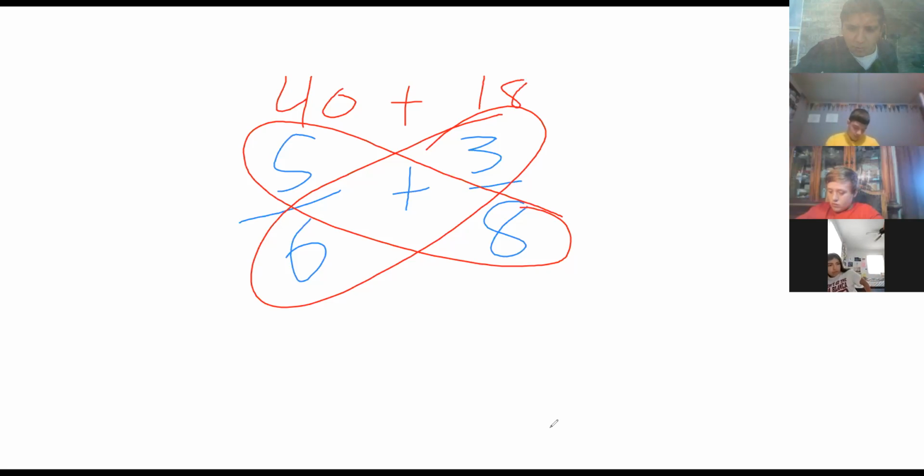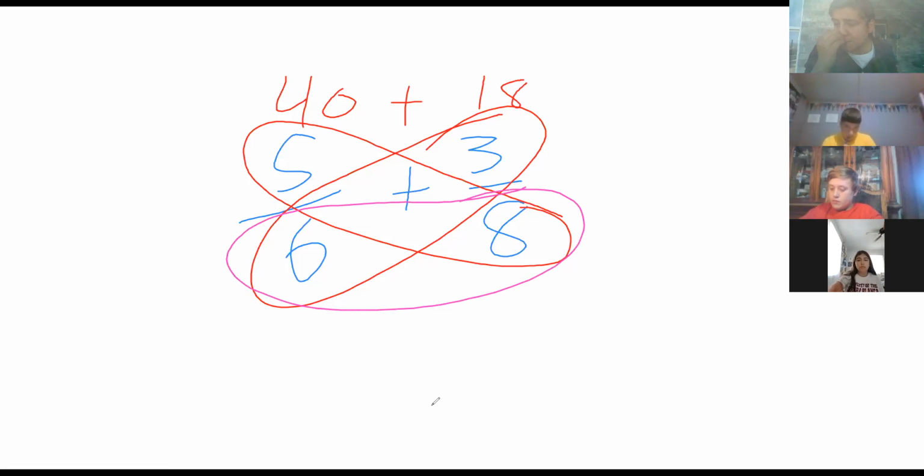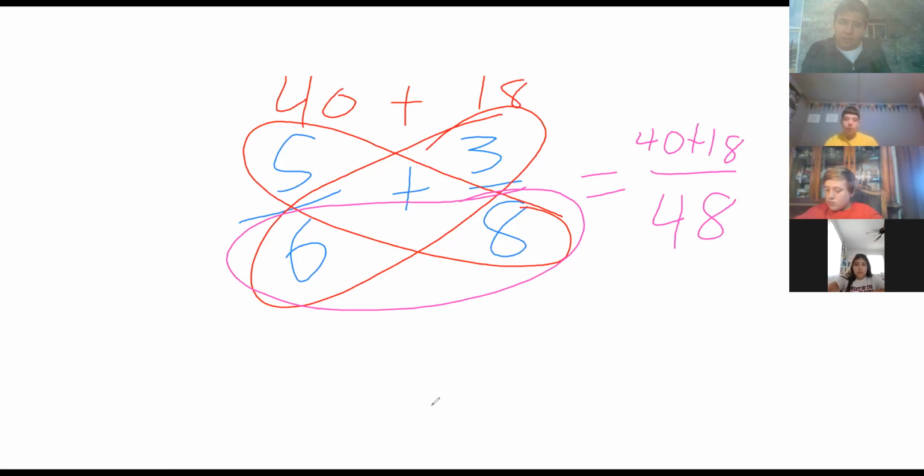And then we're going to multiply the bottom two numbers, which is 6 and 8. So 6 times 8 gives us 48. And at the top, we're going to have 40 plus 18. So what would the answer be there? 58 over 48.